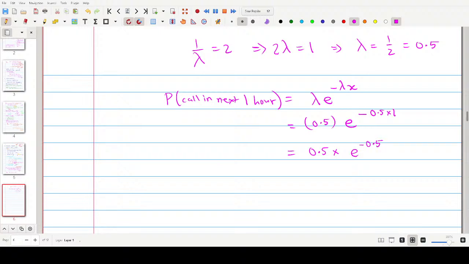So I am going to use Google to find out this value. Google calculator is a very reliable calculator. I think that part of my screen is not shown to you, minus 0.5, but I'm going to share how it looks like. Take a small screenshot.